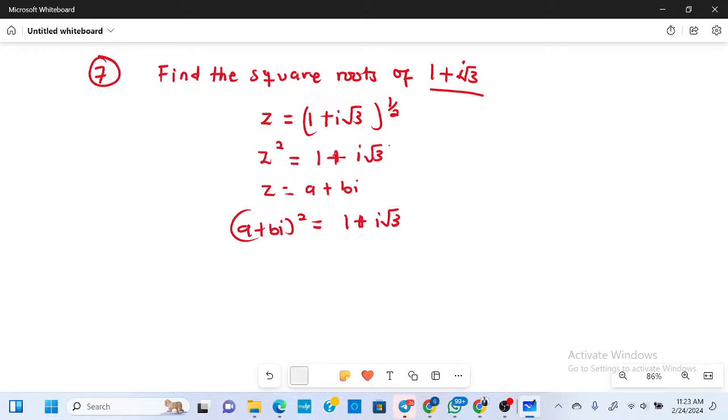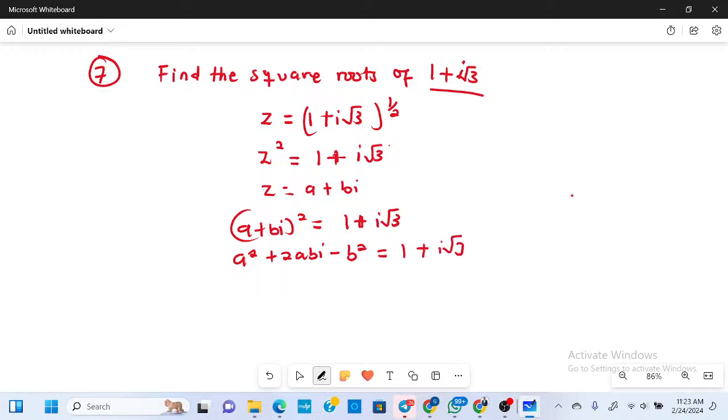So at this point, we just multiply what I have here: a squared plus 2abi minus b squared is equal to 1 plus i root 3.